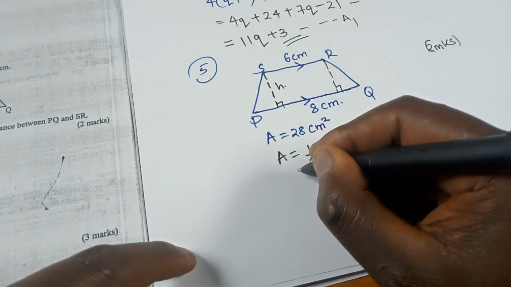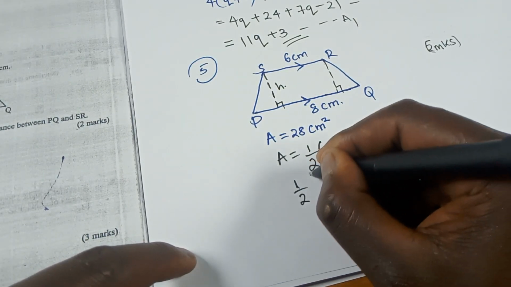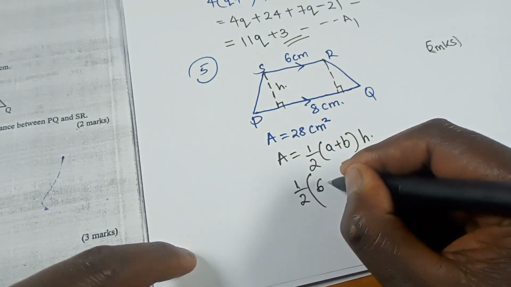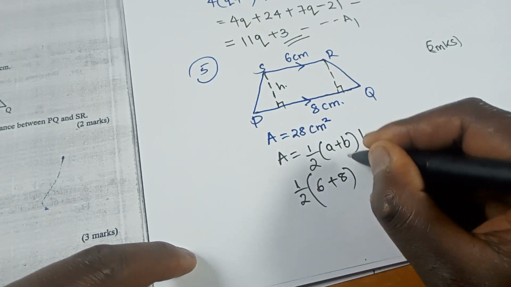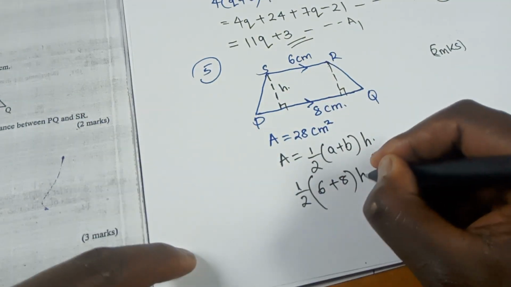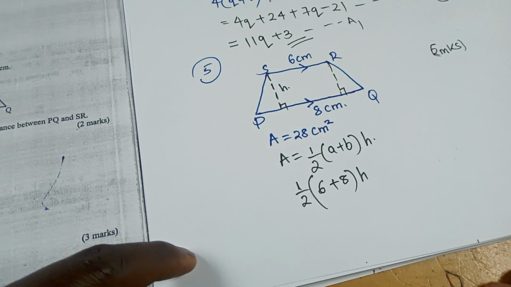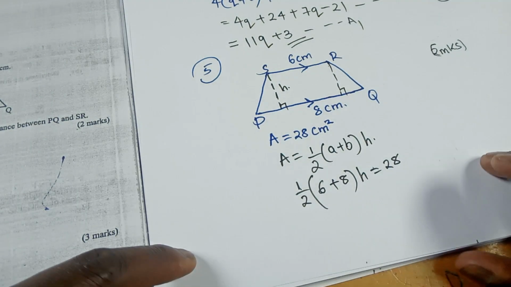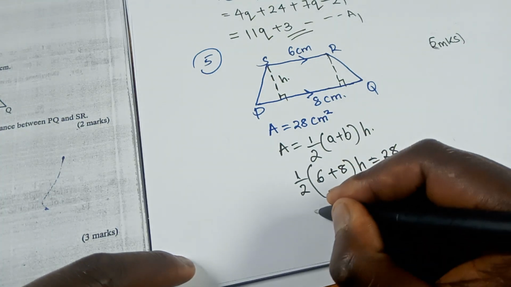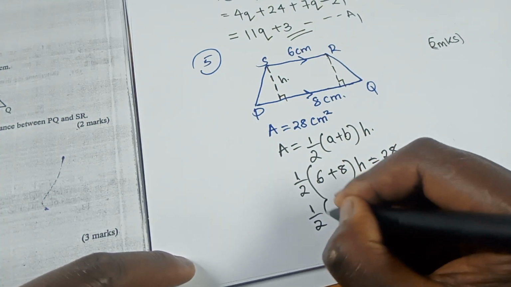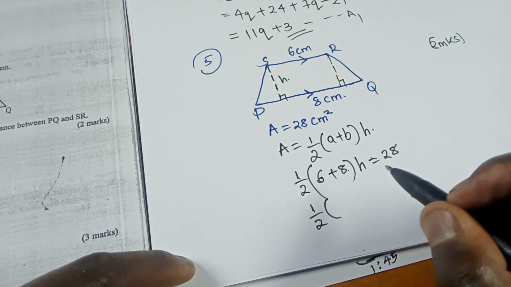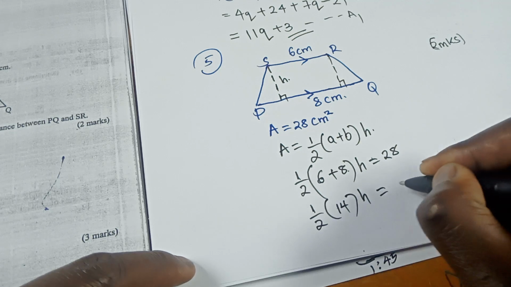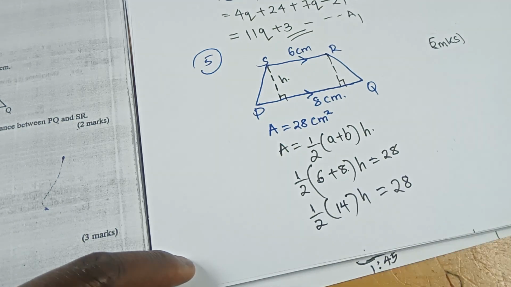So that means a half multiplied by A is equal to 6 plus 8, then multiplied by our perpendicular height, we can abbreviate it as H, is equal to 28. So that is what we should do. So this one will give us a half into bracket 6 plus 8 is equal to 14. Close the bracket, H should give us 28.